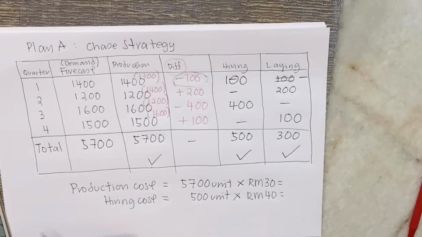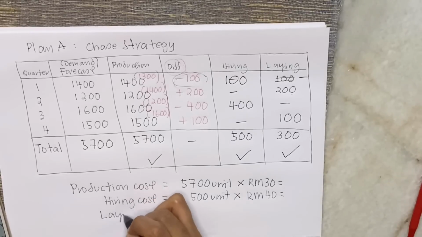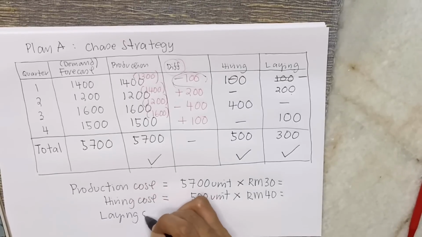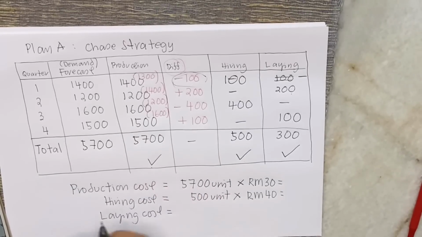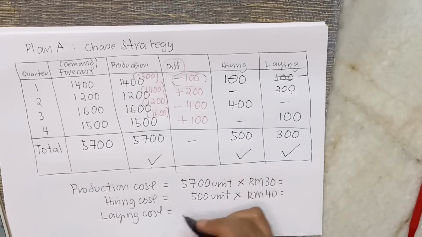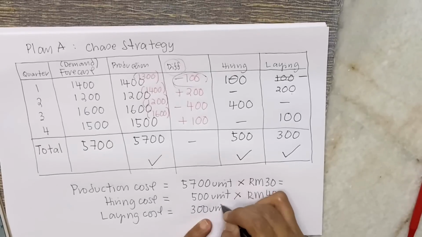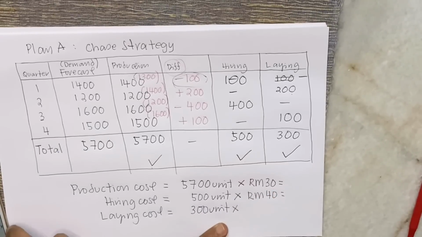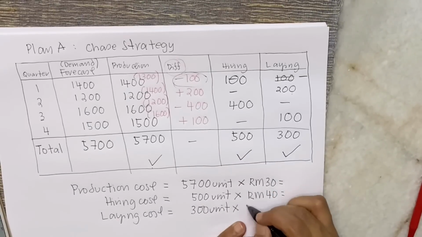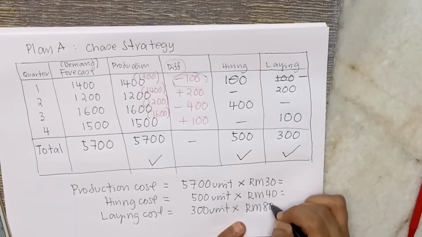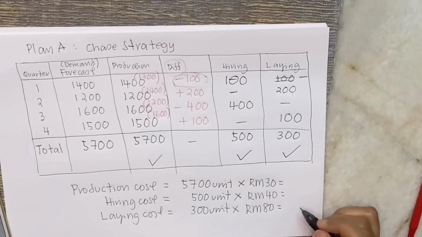And what is the laying off? Laying off cost is 80 ringgit. So we got 300 units, 300 units times with RM 80. So we calculate the number.